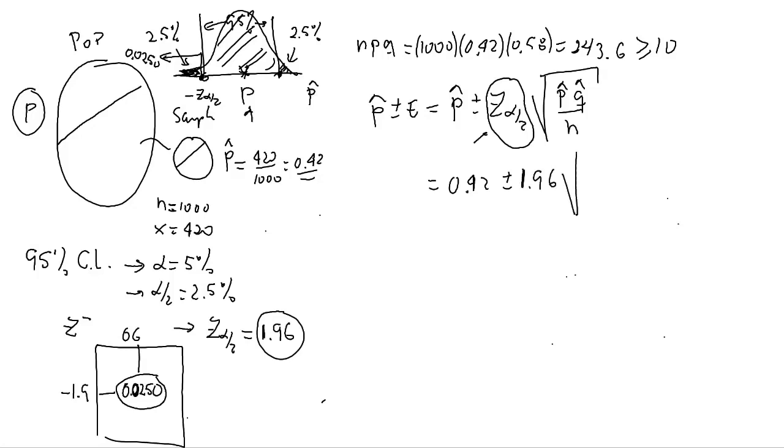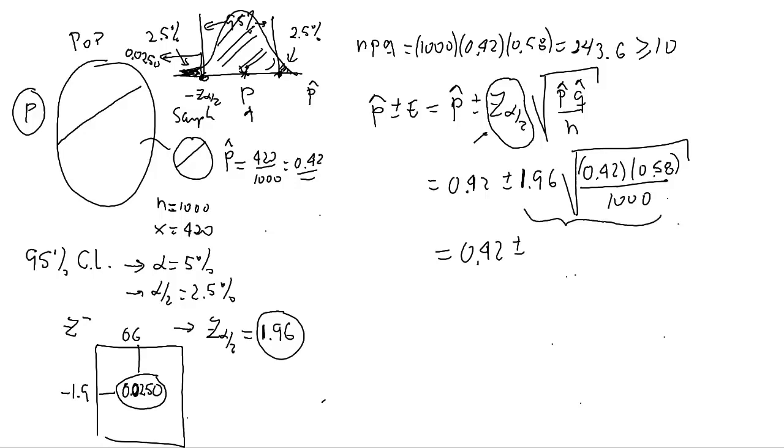Then this is the value that we are going to use to substitute in this quantity, 1.96. And we have p hat, which is 0.42, times 0.58, divided by my sample size, which is 1,000. When we do all of these calculations, we have that my error, all of this quantity, is equal to 0.03059.